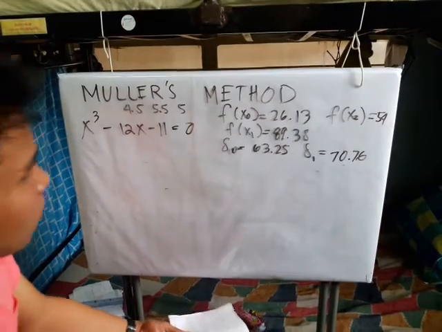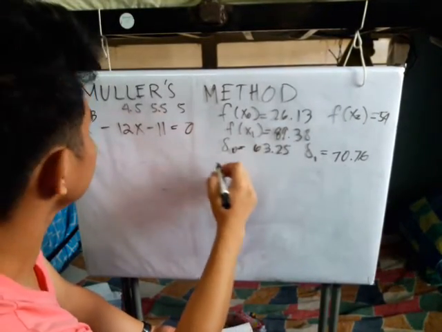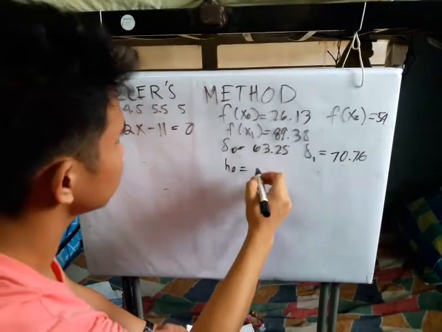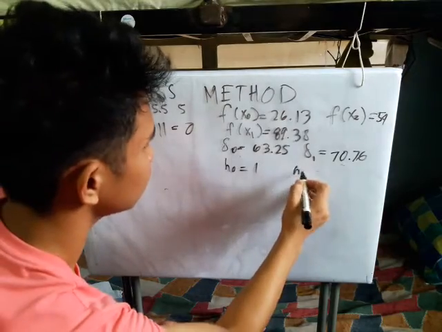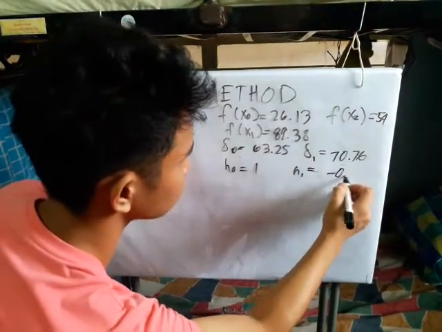So we have already delta 0 and delta 1. So find first the h0, which is x1 minus x0 is equal to 1. For h1, x2 minus x1 is negative 0.5.